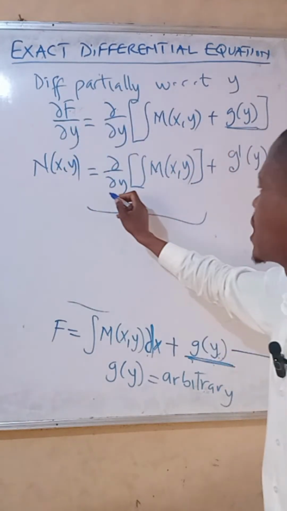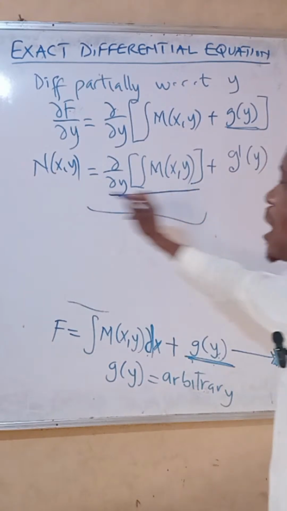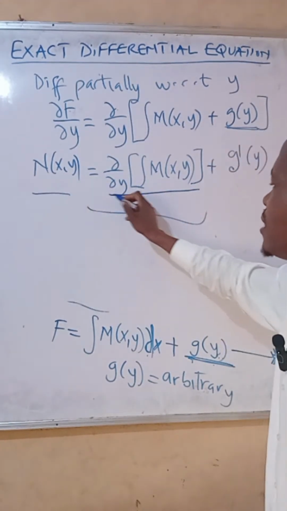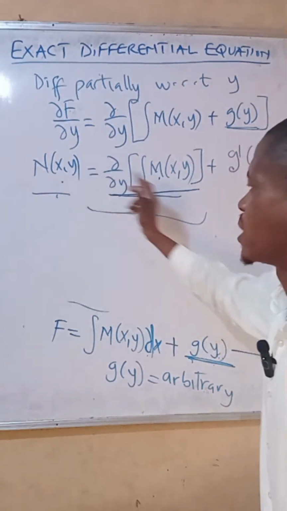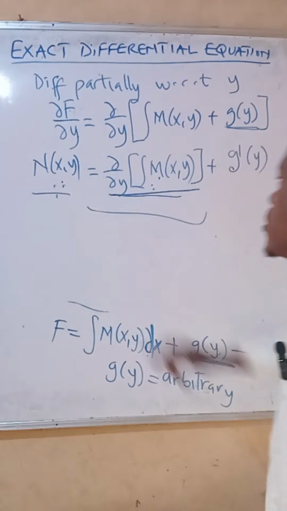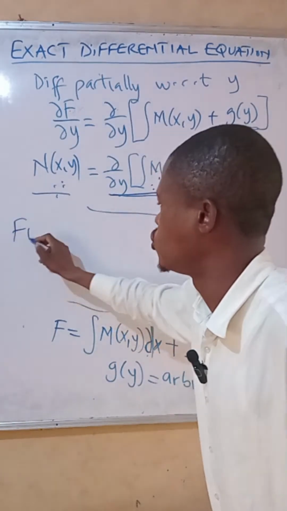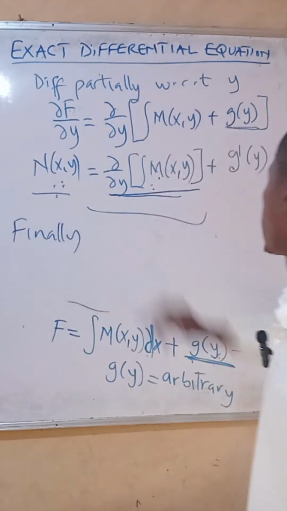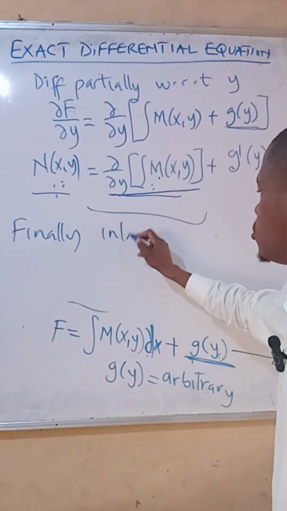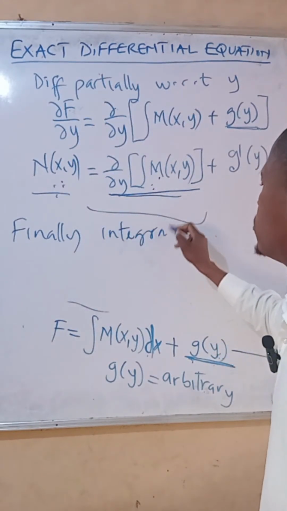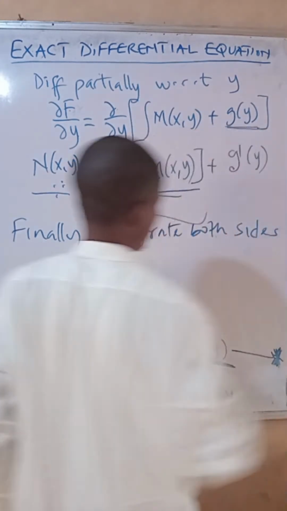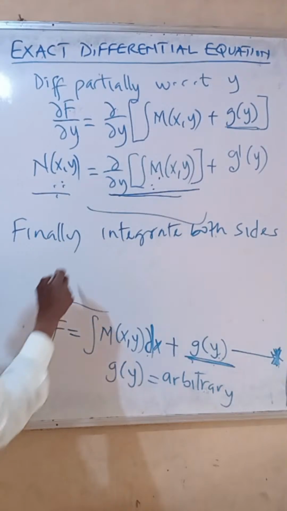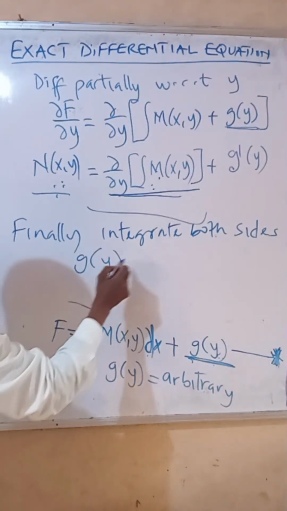By the time you get the integral of this one and this one, you realize they are almost equal and some terms cancel. Finally, you integrate both sides of the equation, and then you get your g of y.